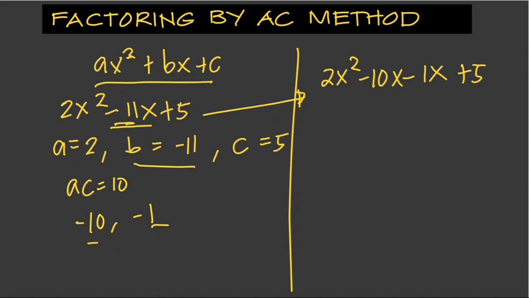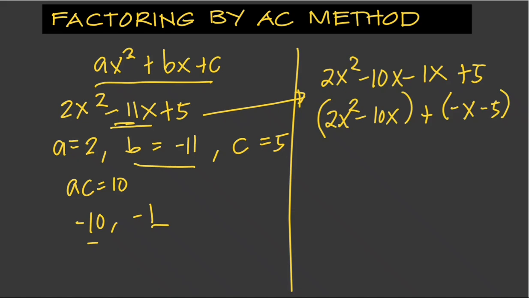So we can group this as 2x squared minus 10x, plus negative 1x, or let's just write negative x, plus 5.